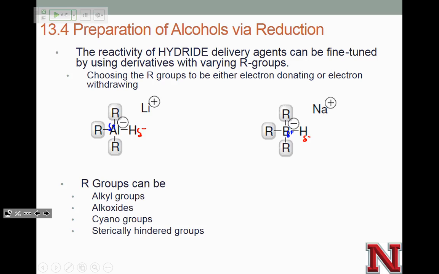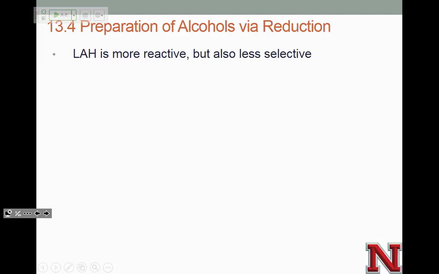So what that means is that we can have a difference in reactivity. We can also have a difference in reactivity by varying our R groups. We won't be doing that as much, but we can, and that can help to give us even more selectivity by utilizing our sterics. So that's also something we can do.